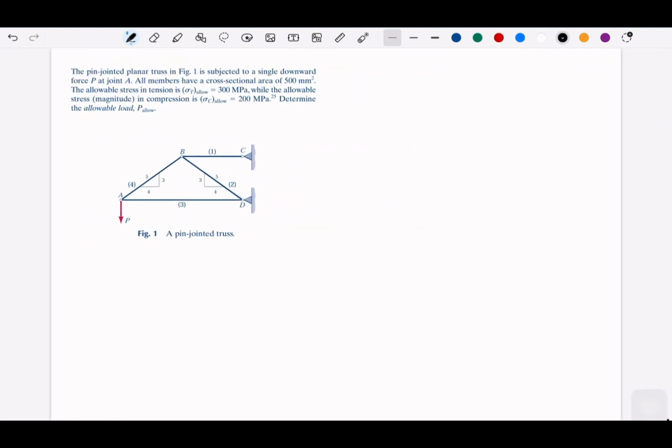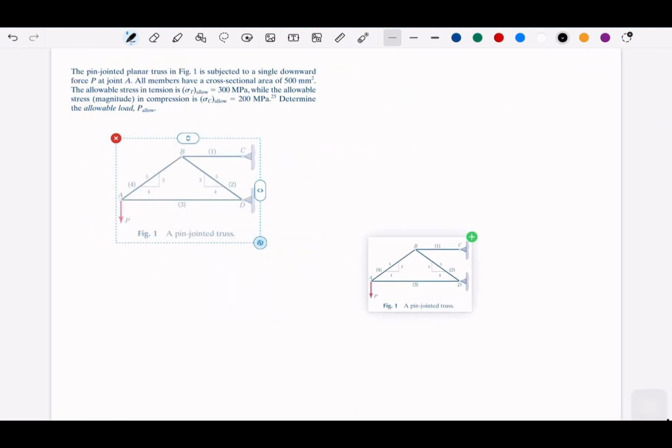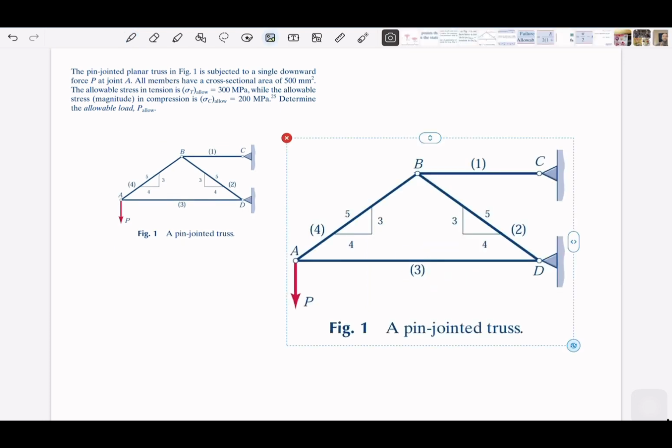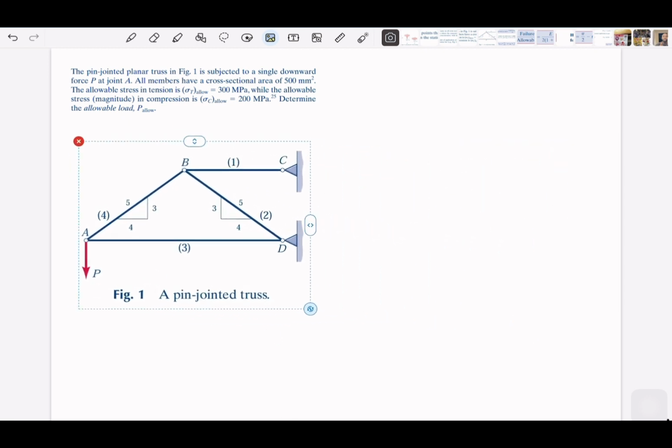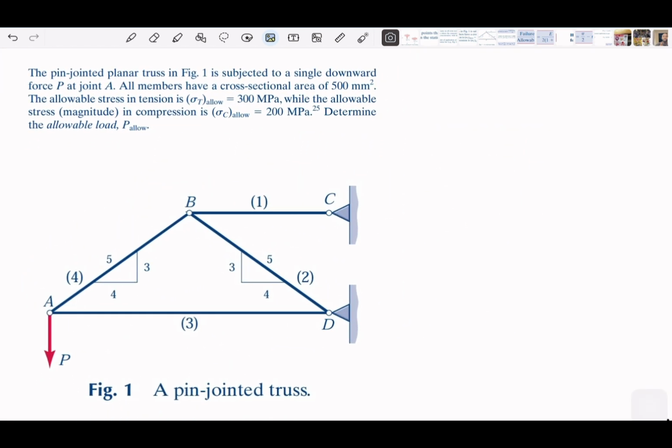So a small example here is that we have a pin-jointed truss. So we call this a truss figure. It's subjected to a single downward force at joint A.